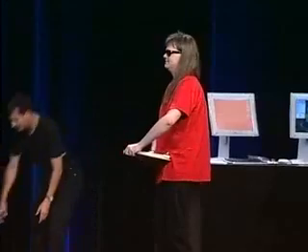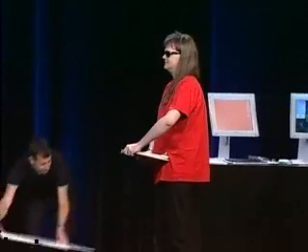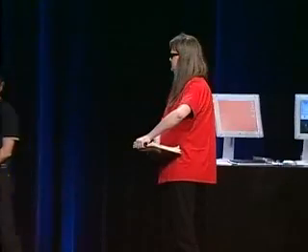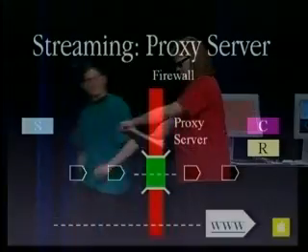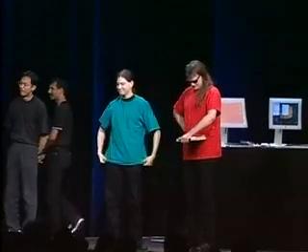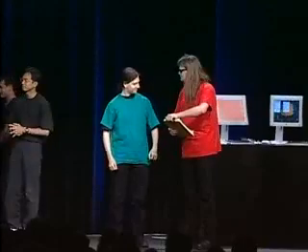So how do you get around this problem? What you've got to do is go out and invest in a proxy server. The great thing about proxy servers is they're completely non-standardized. So here's our proxy server. The proxy server has got to know something about your firewall. You can't just get any proxy server. But they're friends. They kind of know each other. Life is good.